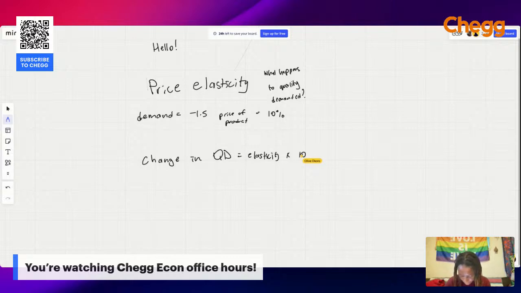The price elasticity of demand is -1.5, times 10%, and that's going to equal -15%. So the quantity demanded decreases by 15%.